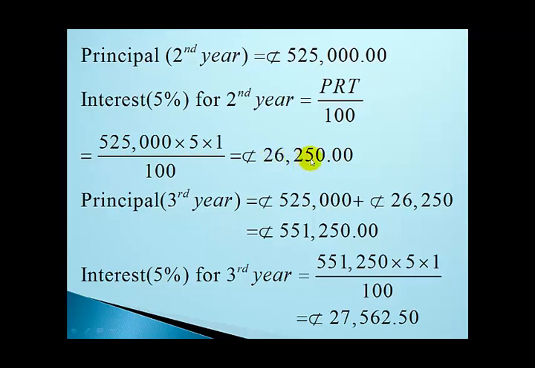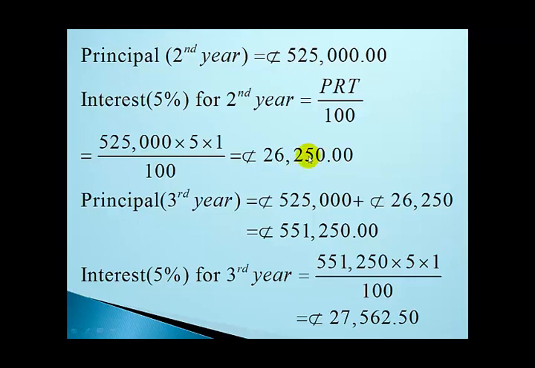Now, how do you find the principal for the third year? Take note that the principal for the second year gave us 525,000, and the interest at the end of the second year is 26,250 cedis.